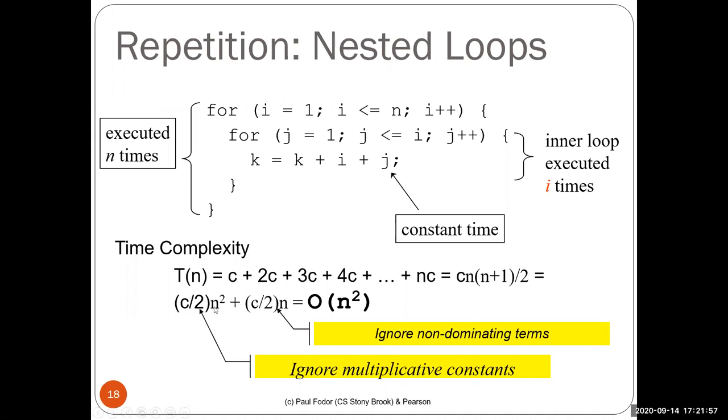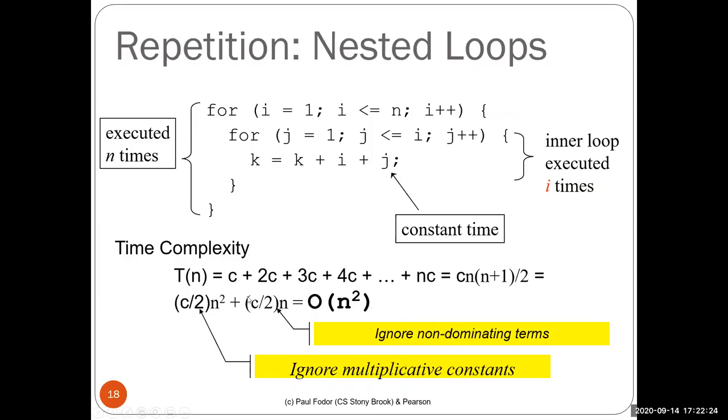Now n squared grows much faster than n, so the second term is a non-dominating term and it will be ignored. And in the first term, the multiplicative constant can be ignored because it has no effect on the growth rate. So the growth rate, the big O notation for these two nested for loops, is n squared.